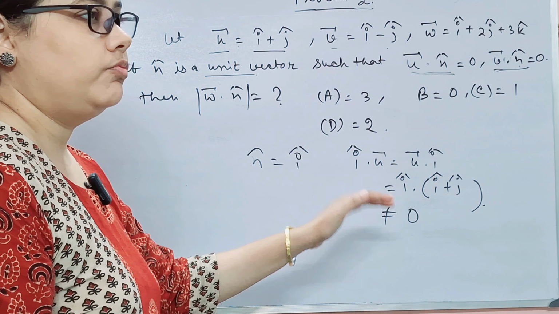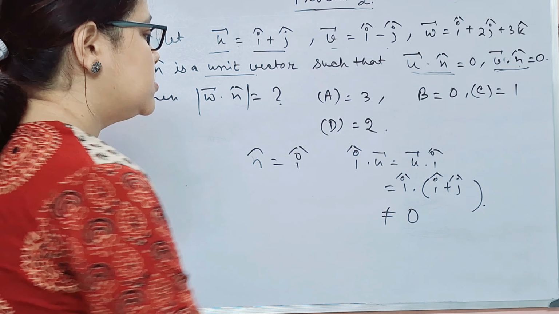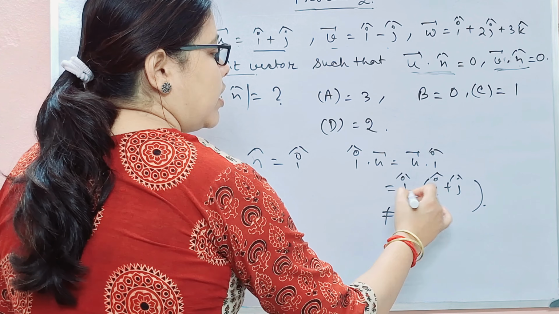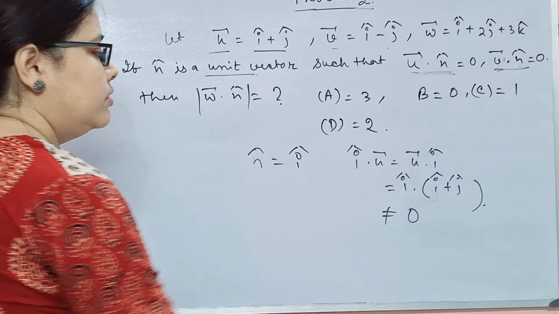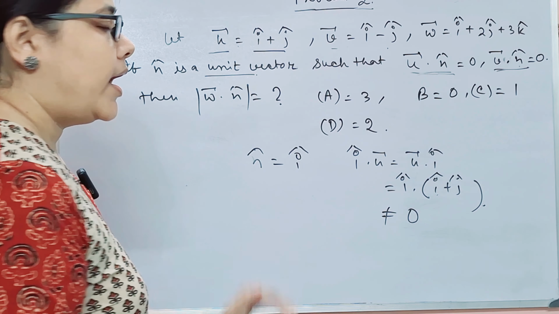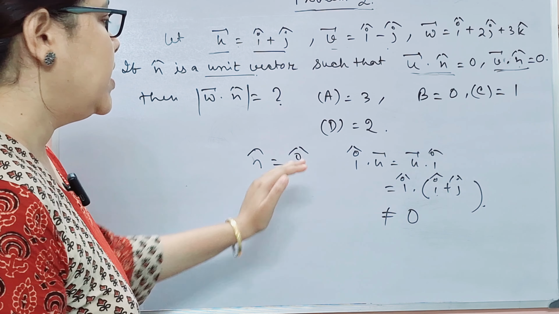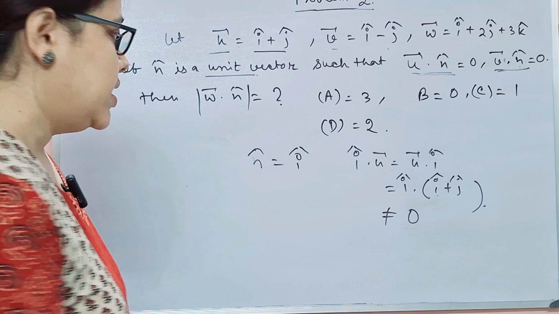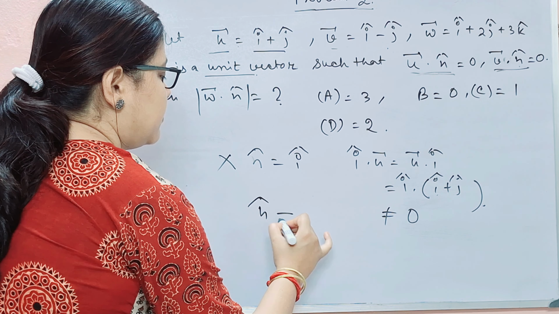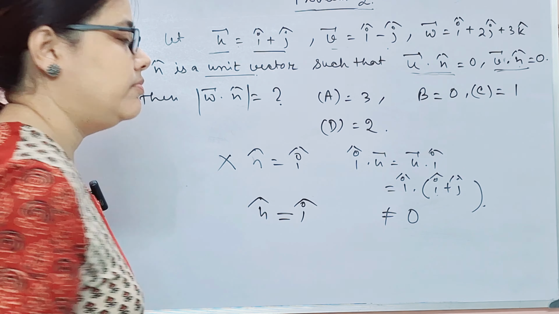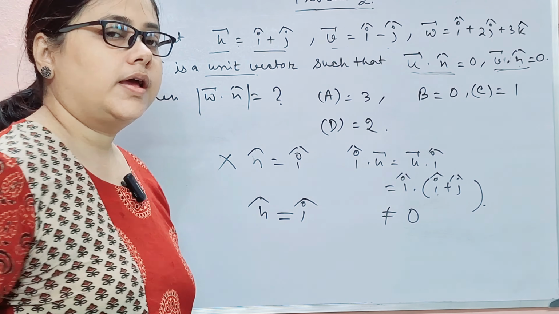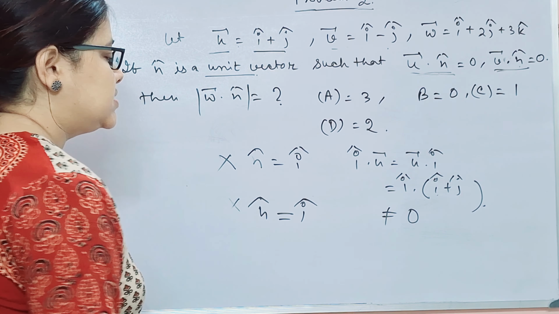Scalar product of two vectors is a scalar quantity, so that will not be equal to 0. i dot i equals 1 and i dot j will be 0, so that will not be equal to 0. So I cannot put the value of n as the unit vector i. Similarly, I cannot put the value of n as unit vector j because these two conditions will not be satisfied.